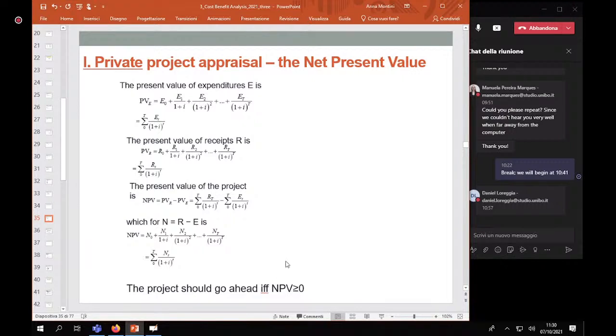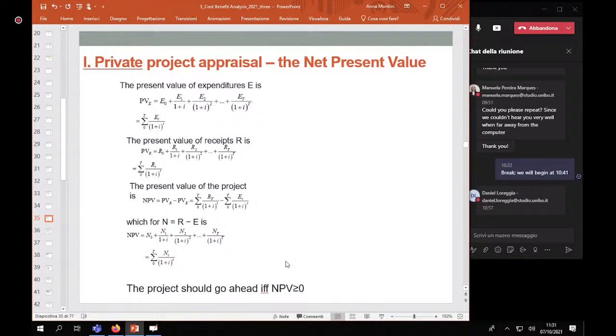Okay? So the logic of cost-benefit analysis is not difficult. The difficult things are related to the organization of your data and to the estimation of your figures, especially when you have to deal with an environmental project or social project.